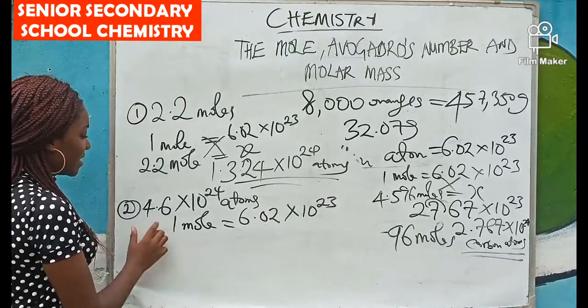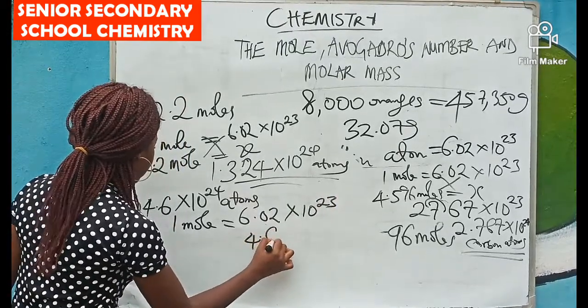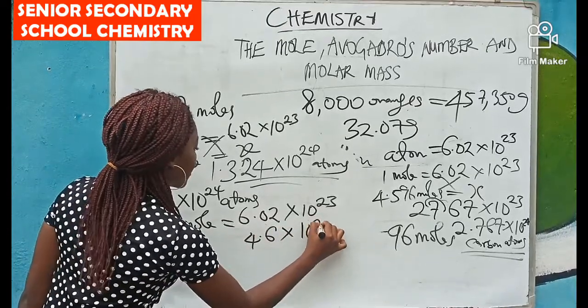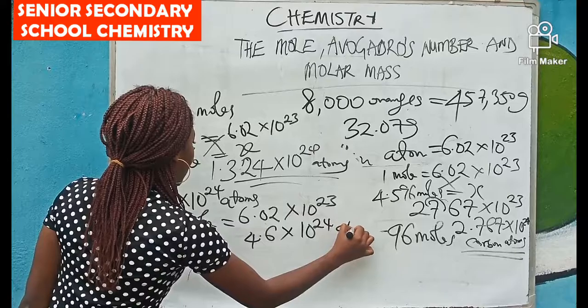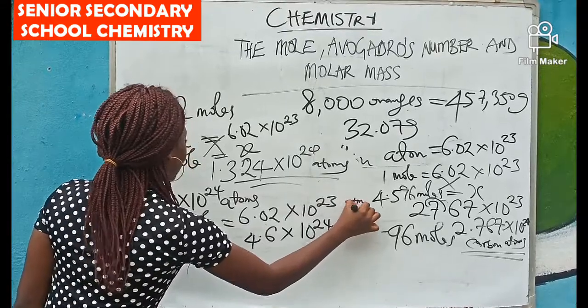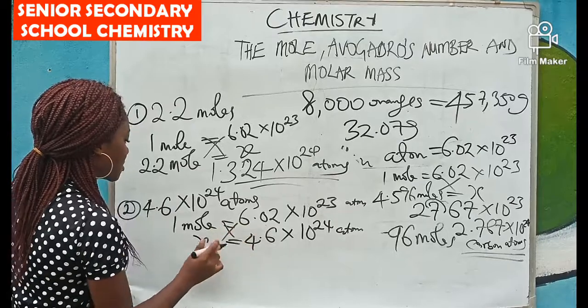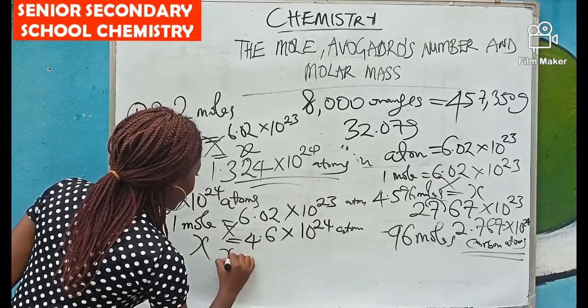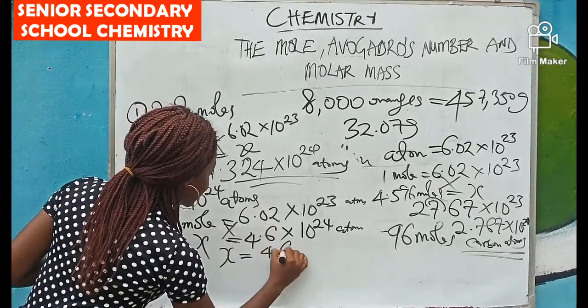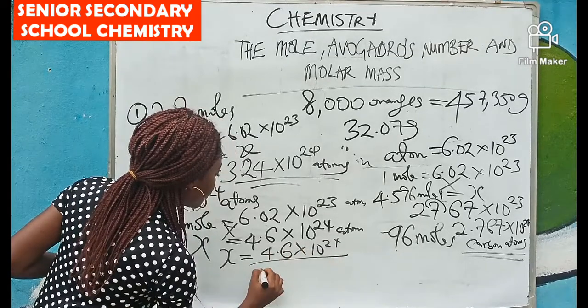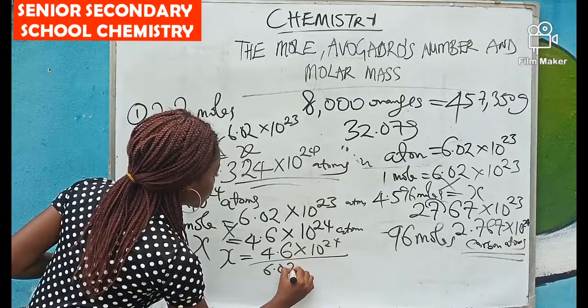Okay? Now we're given 4.6, so you're going to place it on this side. Atoms. And you're asked to calculate how many mole is present. So when you cross multiply, you'll be having x is equals to 4.6 times 10 raised to the power 24 all over 6.02 times 10 raised to the power 23.